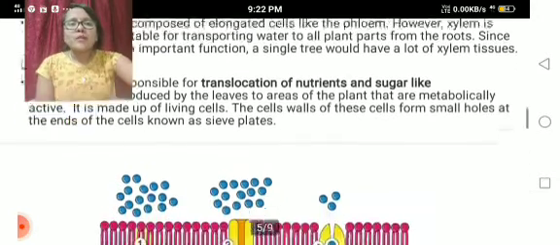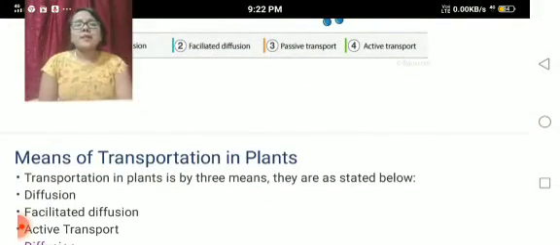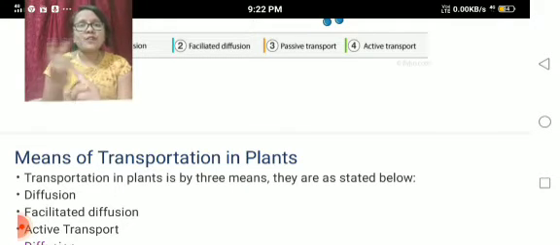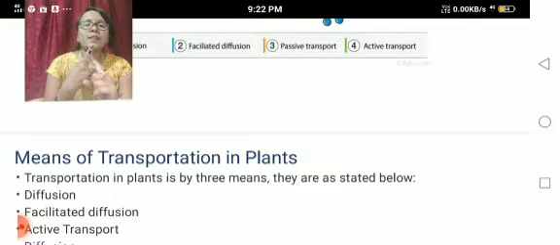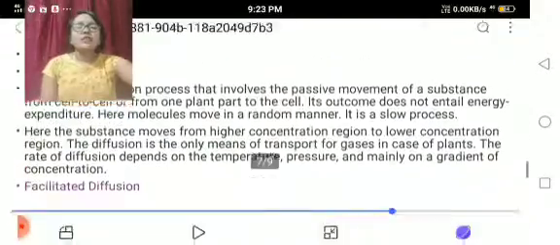Next, we shall move on to the means of transportation in plants. Transportation in plants occurs by three means, as stated below. First one is diffusion, second one is facilitated diffusion, third one is active transport. First, diffusion. What is diffusion?